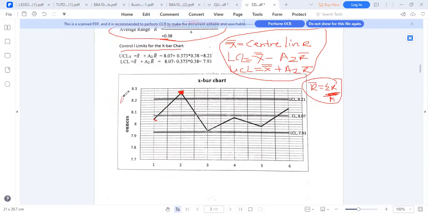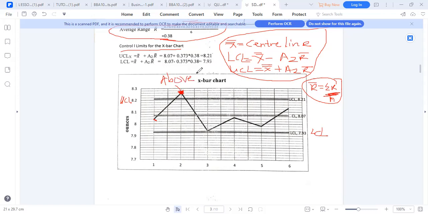This is the upper control limit. Then this is our lower control limit. Lower control limit is 7.93. So this point is above. So the process is not in control.